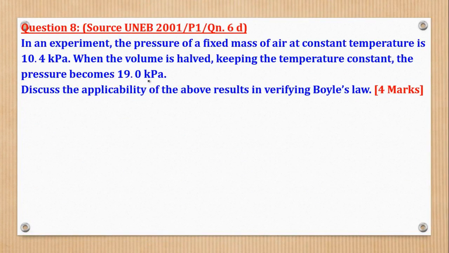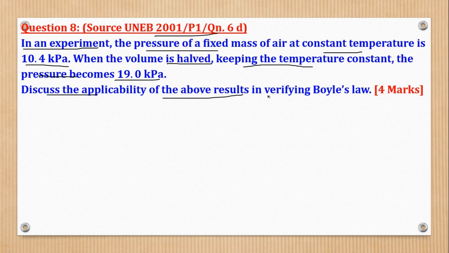Now we shall go to question 8, which came from UNEB of 2001, paper 1, question 6D, and it says, in an experiment, the pressure of a fixed mass of air at constant temperature is this. When the volume is halved, keeping the temperature constant, the pressure becomes this. Discuss the applicability of the above results in verifying Boyle's law.